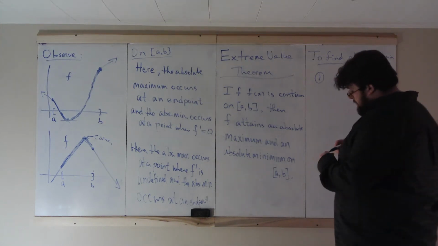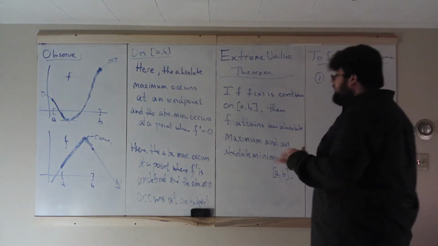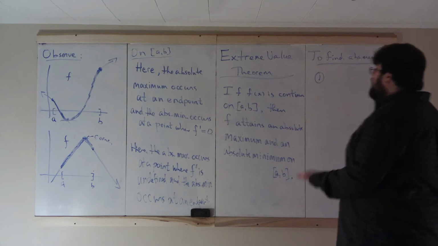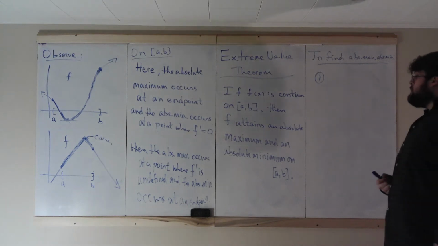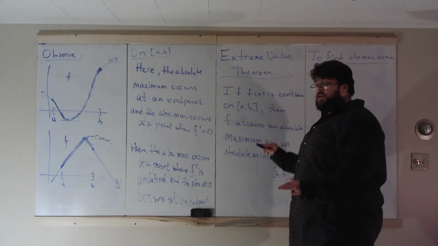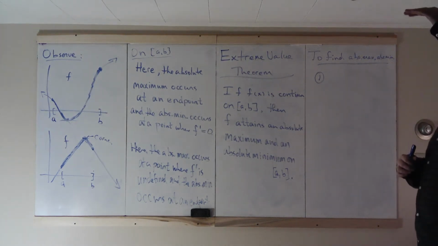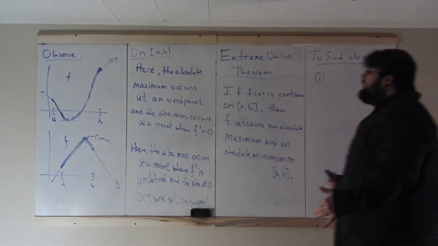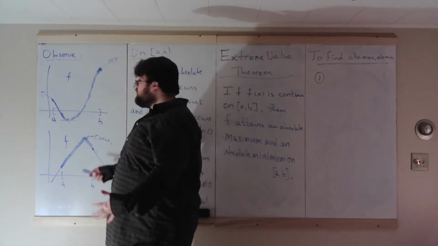So all we need is a continuous function and a closed and bounded interval. Again, bounded meaning no infinities. Don't worry too much about that. If we have a continuous function on a to b, it hits a highest point on that interval and a lowest point. And we'll notice here that the highest point could occur at an endpoint.